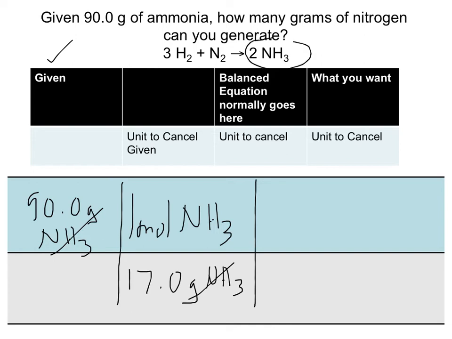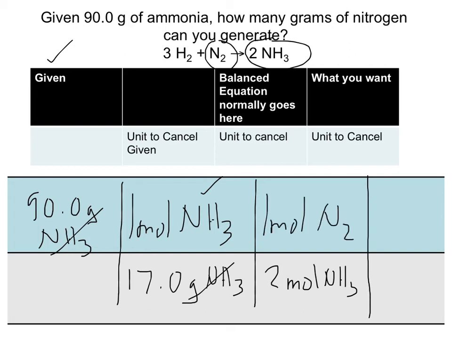I'm going from ammonia to nitrogen. Because I have ammonia up here, I'm going to put 2 moles of NH3 down here. That's going to go to 1 mole of N2. Again, all that comes from our balanced equation.